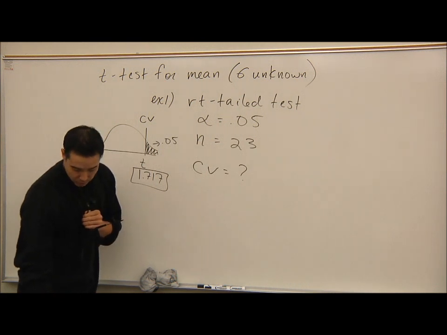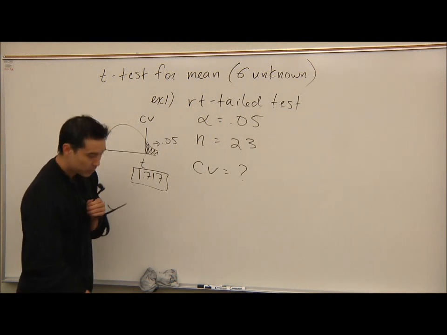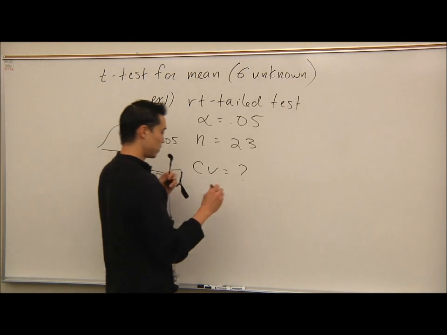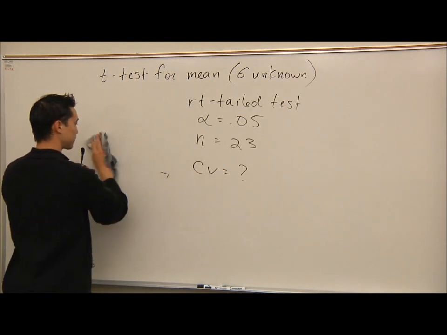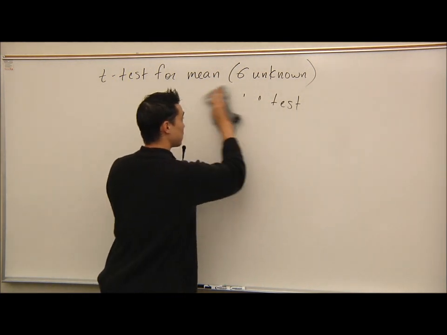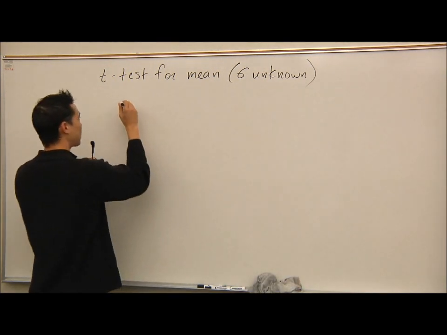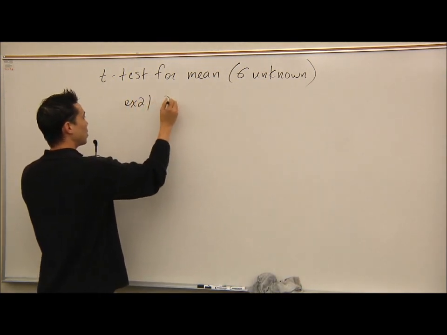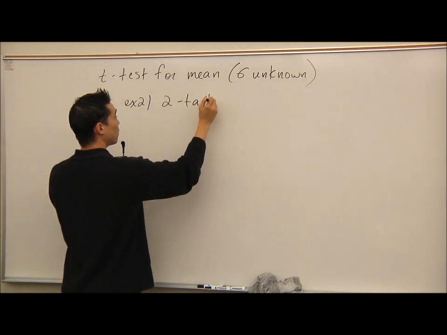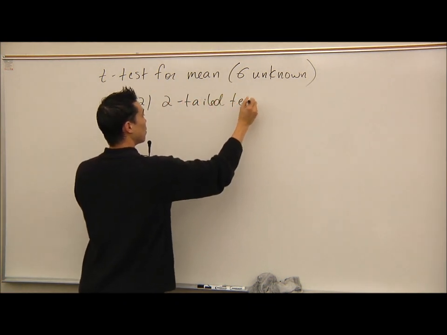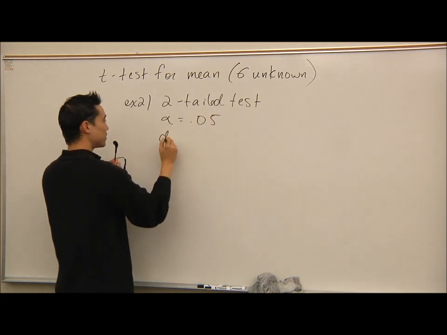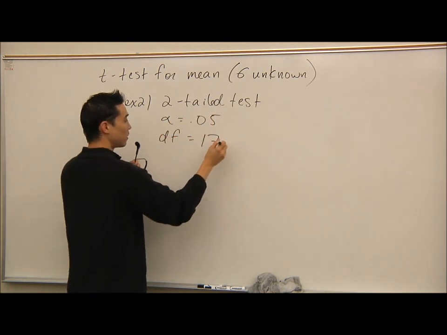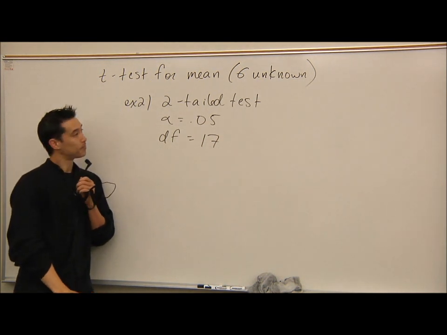Let's say we have a two-tailed test. Alpha is 0.05, degrees of freedom is 17. So example 2, we have a two-tailed test. Alpha is 0.05, and df is 17. And I want to know what the critical values are.